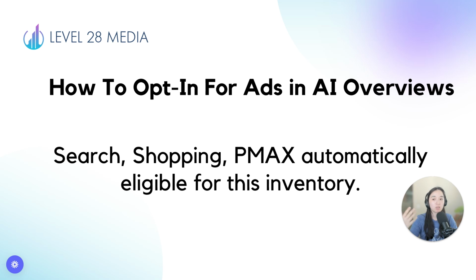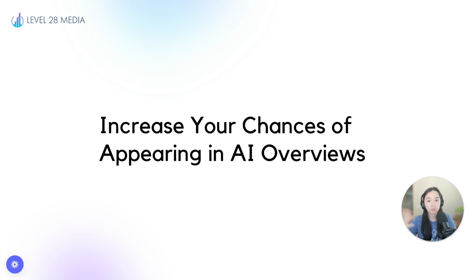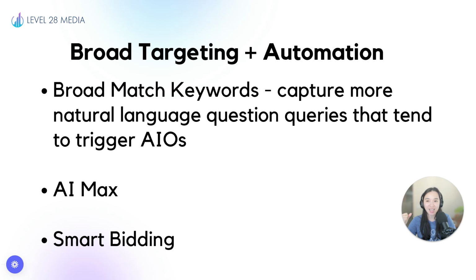But using AI Max is going to increase it even more, and I'll talk a little bit more about why. But how do you improve your chances of appearing? I'm going to talk about that specifically in the next few slides.